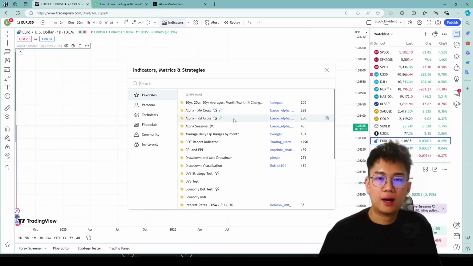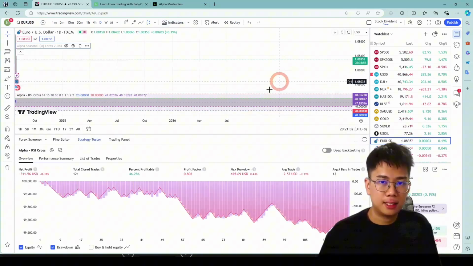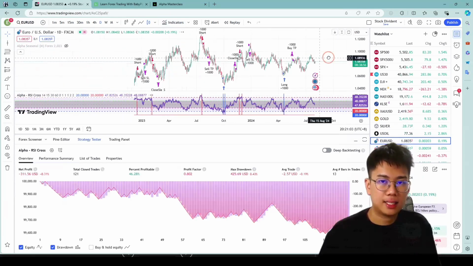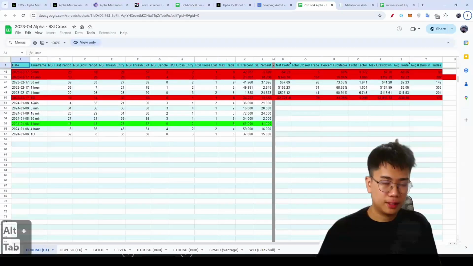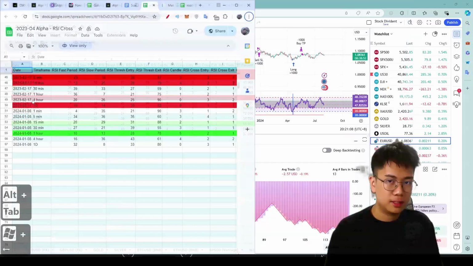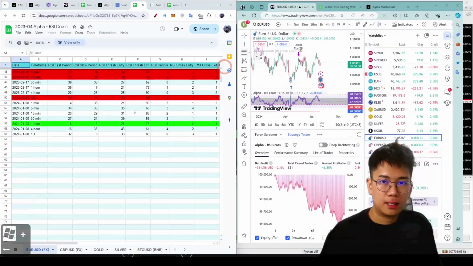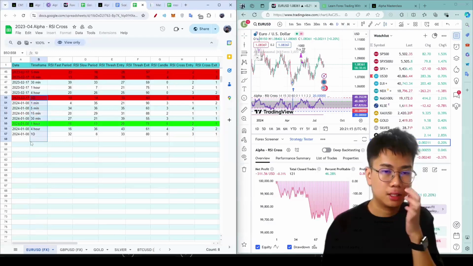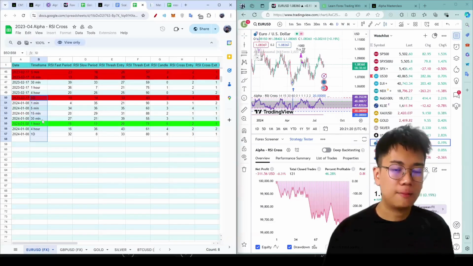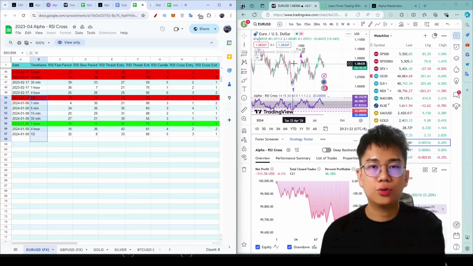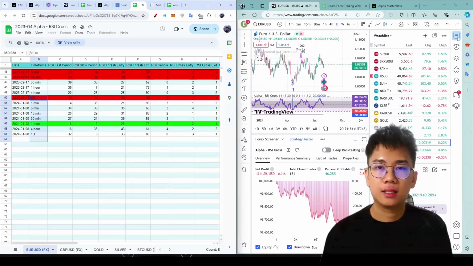It's called Alpha RSI Cross. So go in here, and this is the RSI that you have learned. Refer to here, see this? There are a lot of time frame designs available for you guys. So you can take the setting here and plug and play into TradingView.